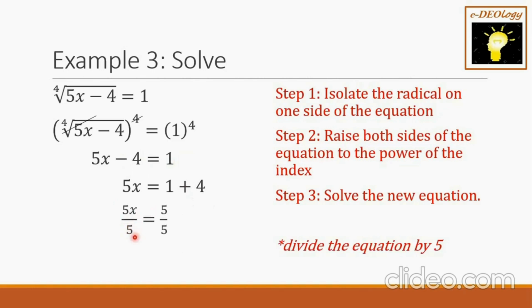So 5x over 5 is equal to 5 over 5. So we cancel this 5 and 5. Only x will come down here. On the right side, 5 divided by 5 equals 1. So this is our final answer.